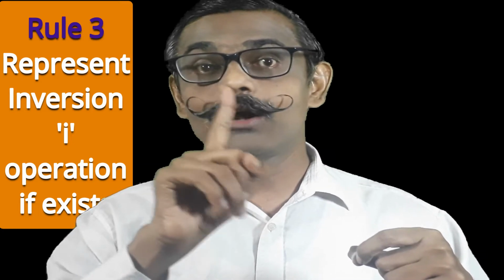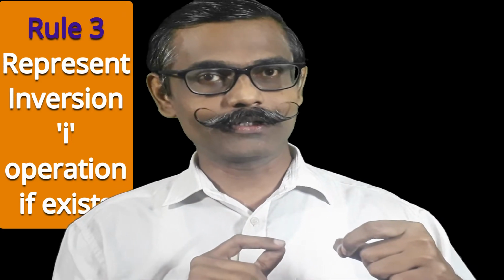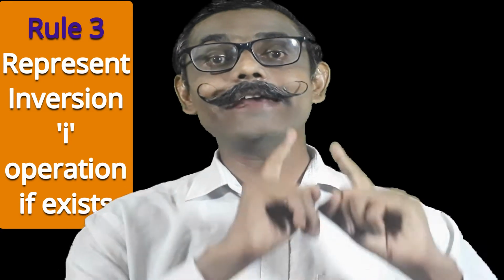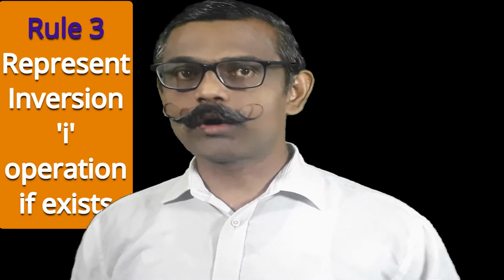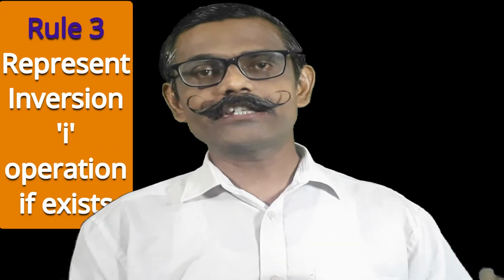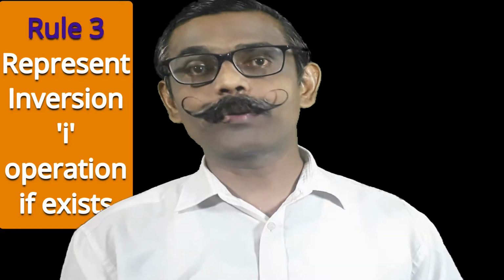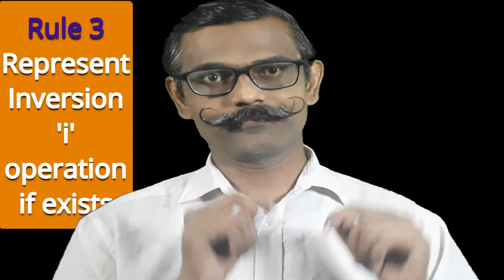There S2 will not come, but it is similar to the S2 operation. So i is to be represented after the proper axis of rotation. So what is our third rule? After proper axis of rotation, represent the center of inversion, or operation of inversion, if it is there.